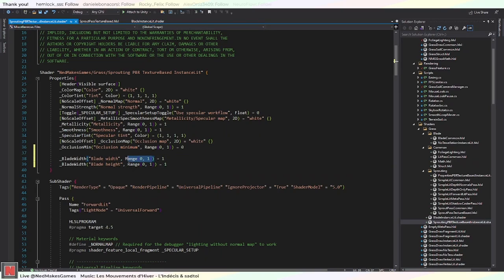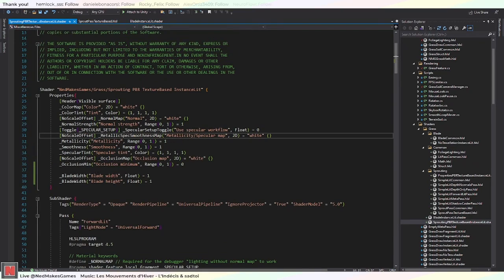Okay, yeah, this will actually just be a float.